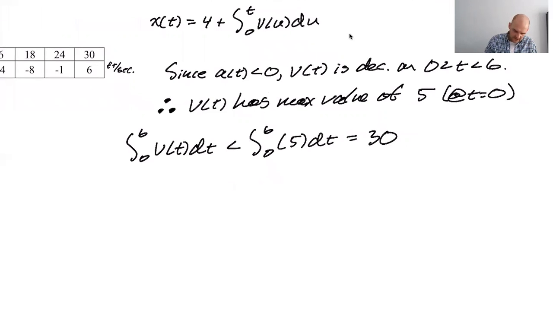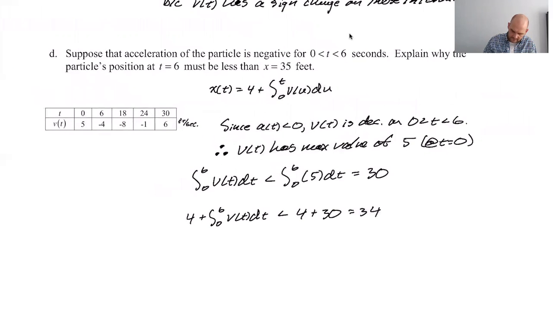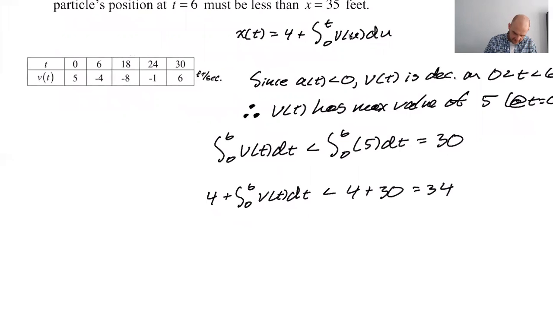Okay, so then 4 plus the integral from 0 to 6 of v of t dt is less than 4 plus 30, which is 34. And this is x of 6.